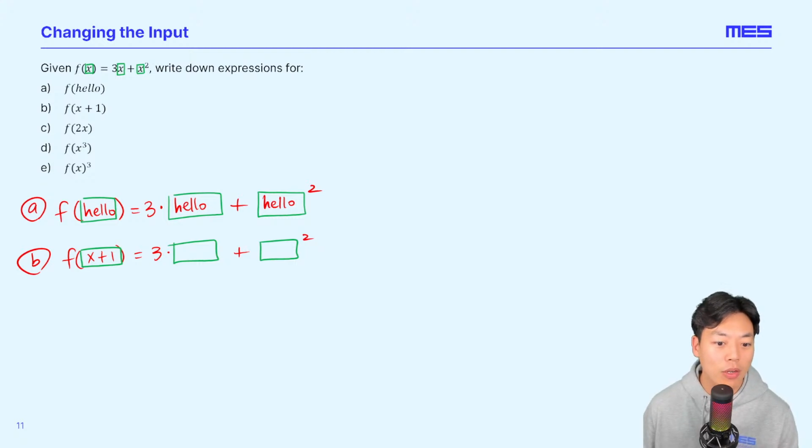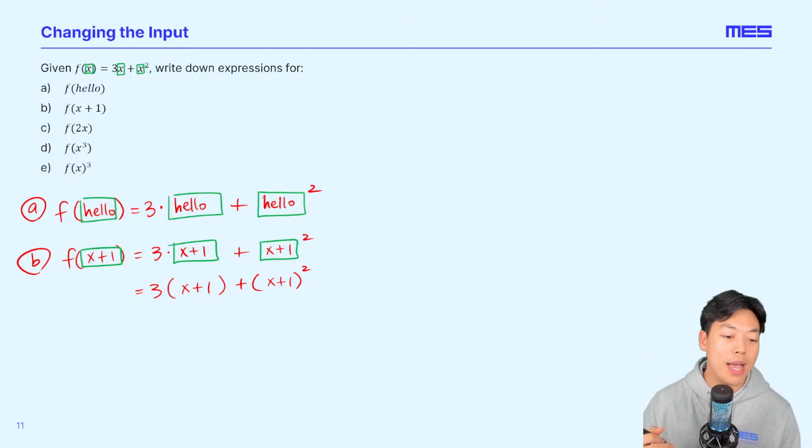And this is the power of using boxes and not an x, and trying to do all algebra. Make it fun, right? Draw these boxes. So I have x plus 1 here and x plus 1 here. So what does that mean? That means 3 times all of x plus 1. Remember, you can treat these green boxes as parentheses, and all of x plus 1 squared. And you'd go ahead and distribute and combine like terms afterwards.